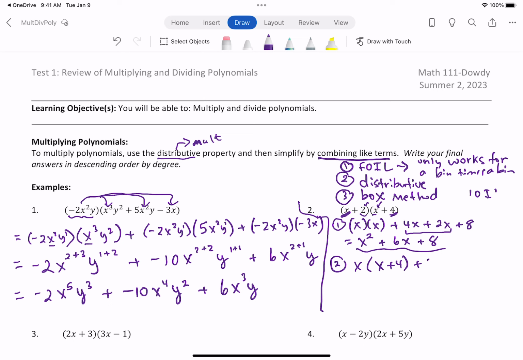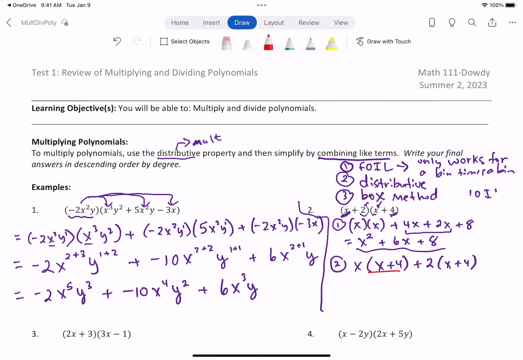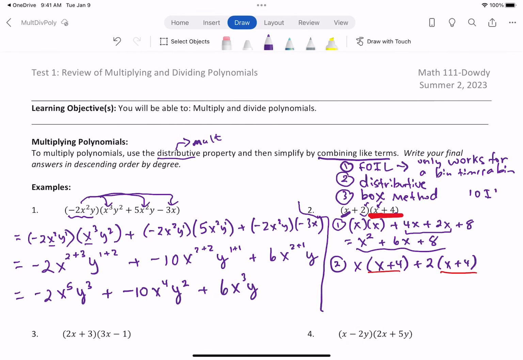And we take the second term and multiply it times the second binomial. So if you notice with this method, what's in the parenthesis is always going to be that second parenthesis, and each thing in the first one being multiplied.